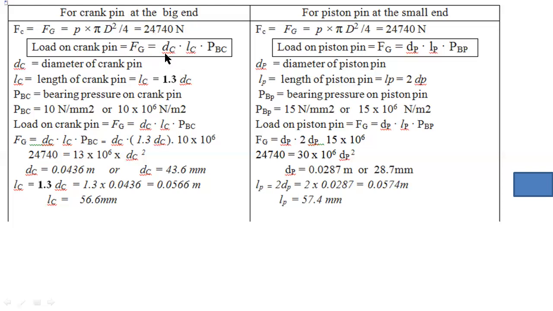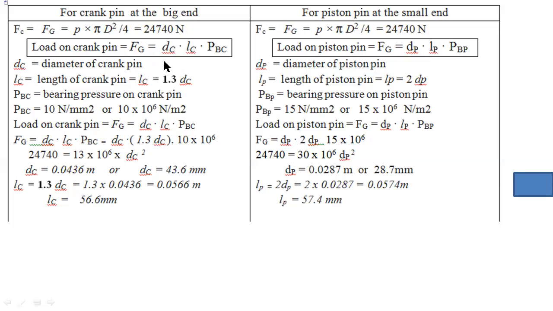DC is the diameter of the crank pin and LC is the length of the crank pin. Already in the given data, the length of the crank pin equals 1.3 DC. The same formula applies for the piston pin: FG equals the diameter of the piston pin times LP, the length of the piston pin, times the bearing pressure at the piston pin. We don't know the values of DC, LC, DP, LP.